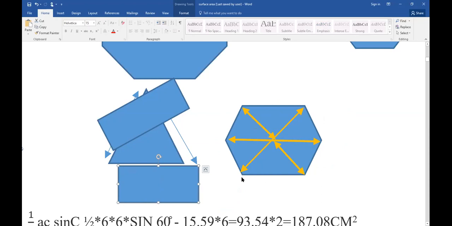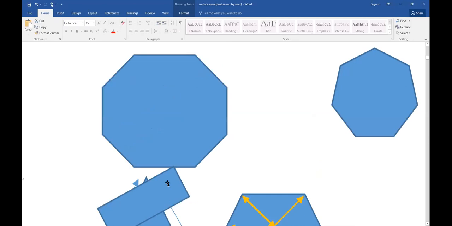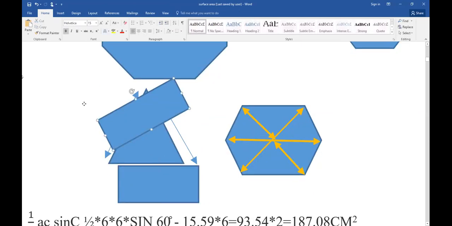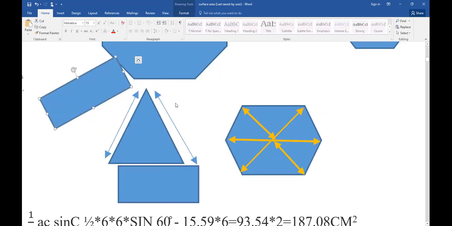The width of our rectangle is this distance here, the same as that distance there, and that distance there. So remember what we said about this angle of ours? We said in this one it was 60. So if this angle here is 60, this distance was the same as this one, because this one is the radius and the other one was the radius.